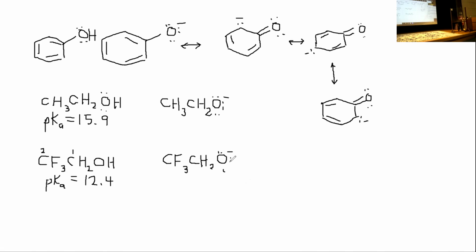Because in this species, yes, you have a full minus charge, and yes, it's localized on this oxygen, but right nearby, right next door, you've got a carbon with 3 fluorine atoms, and those things are sucking electron density like mad. Fluorine's the most electronegative element there is. So in so doing, by withdrawing electron density away from the oxygen, it's helping the species to stabilize that minus charge, much more so than over here where we have just hydrogens. So no wonder this alcohol is about 1,000 times more acidic than that one.